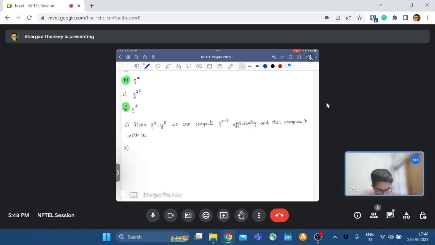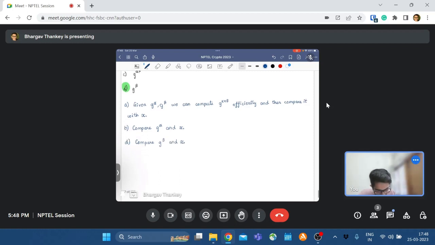About B, we can compare g to the alpha and x. For D, we can compare g to the beta and x. And what about C?